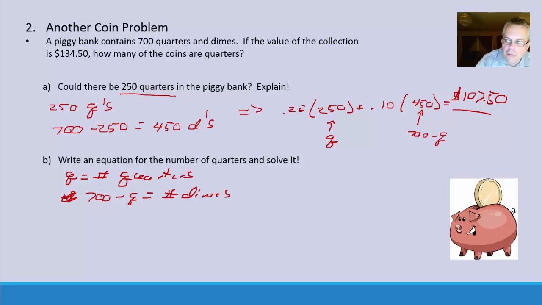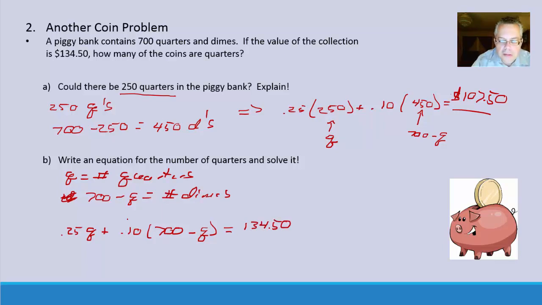So let's write our equation. So we get that 0.25 Q plus 0.10 times 700 minus Q is supposed to equal 134.50. Okay, we can distribute and solve.